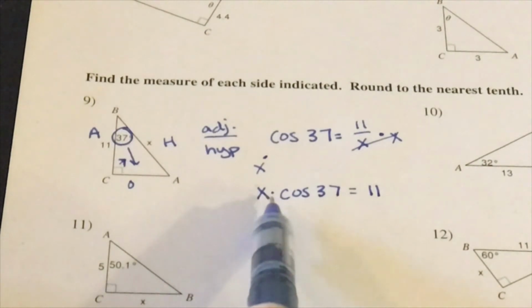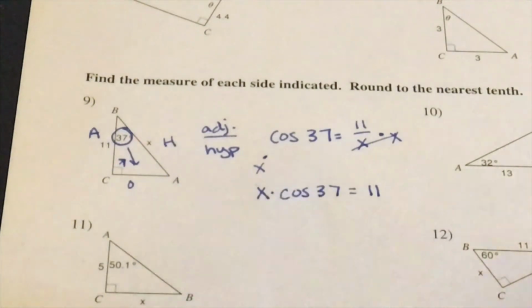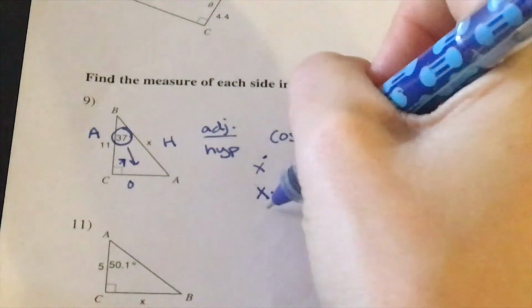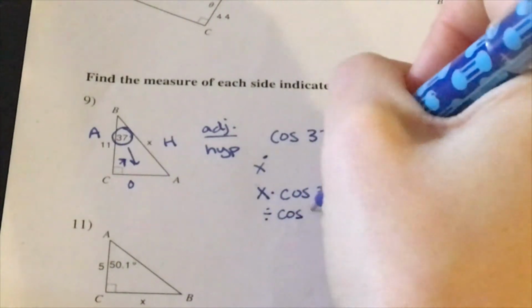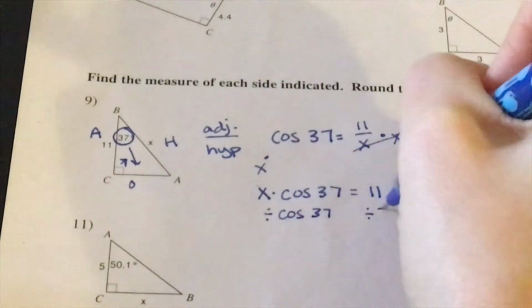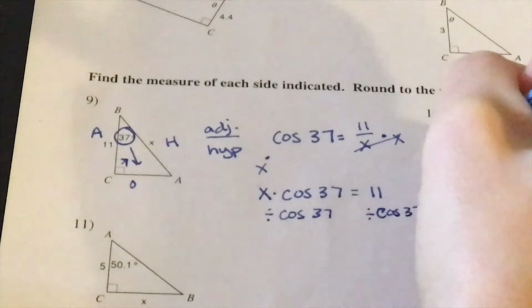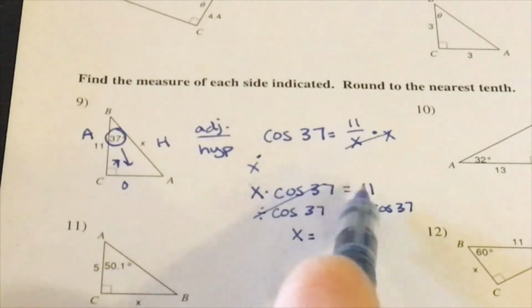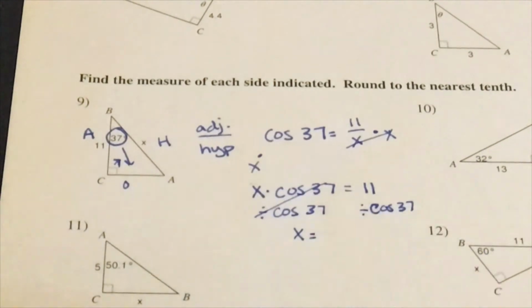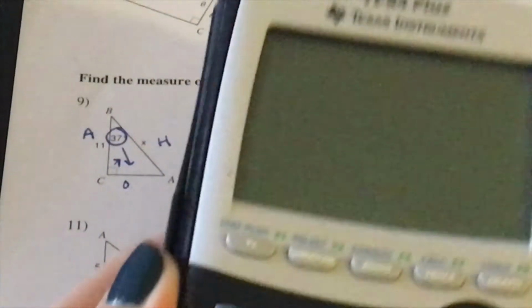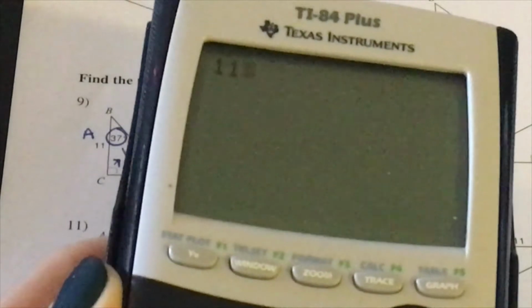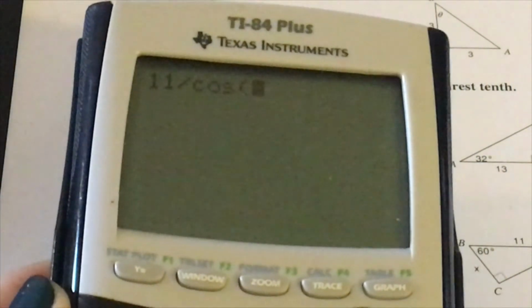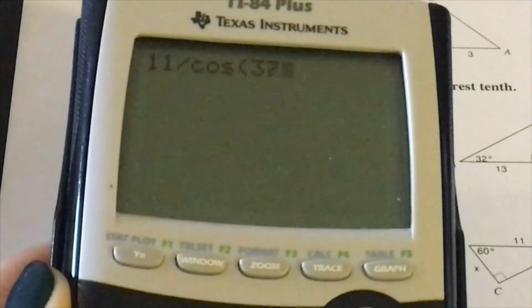To get x by itself, I'm gonna undo this operation here, multiplying, by dividing. So divide by the cosine of 37, divide by the cosine of 37, and I figure out that x equals, and I need to type 11 divided by the cosine of 37 into my calculator. 11 divided by cosine of 37.